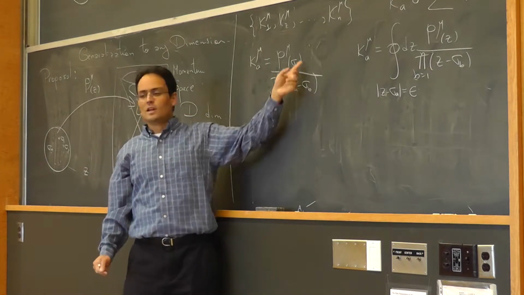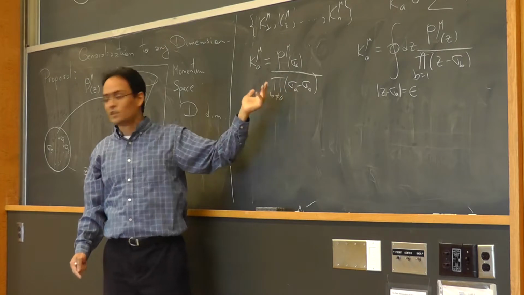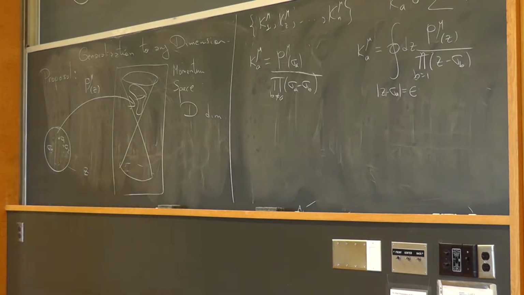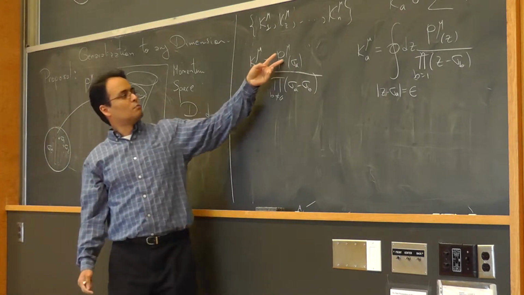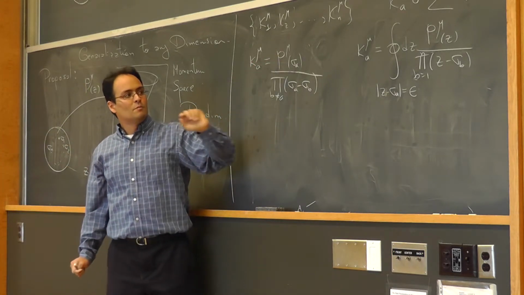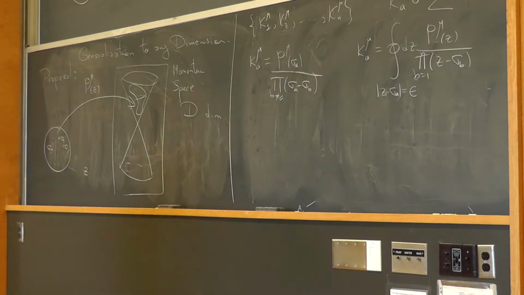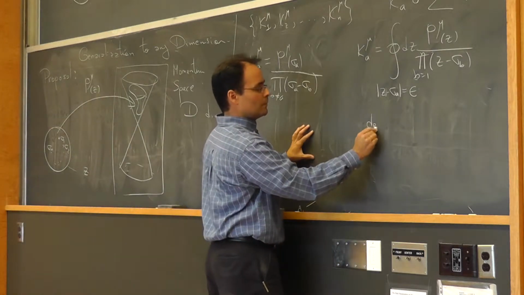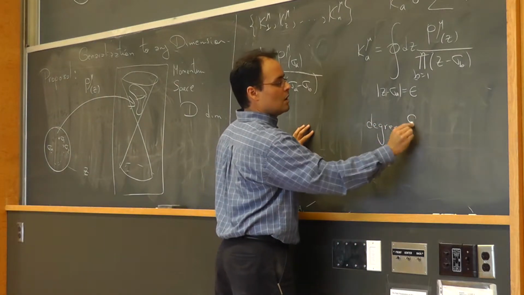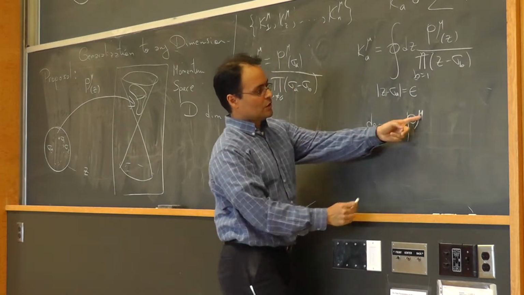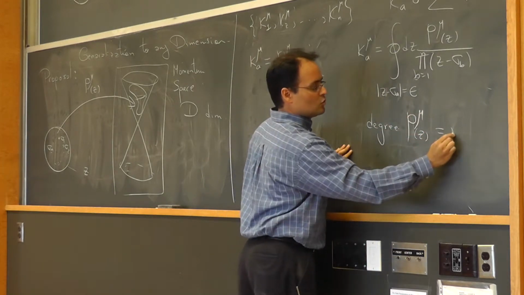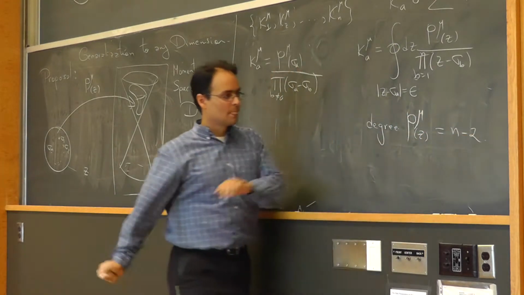Now, from this formula here, it's not obvious that momentum conservation is satisfied. In fact, for a generic polynomial, it will not be satisfied. But what if I choose the degree of each of these polynomials to be exactly n minus 2, the number of particles minus 2?